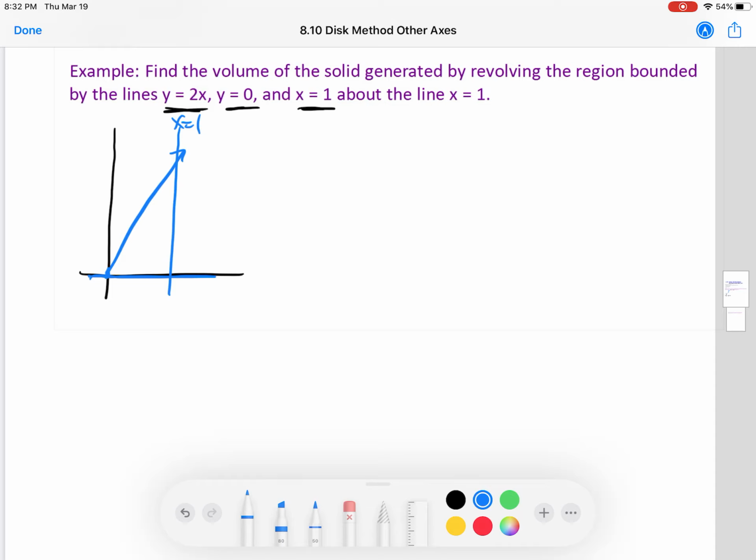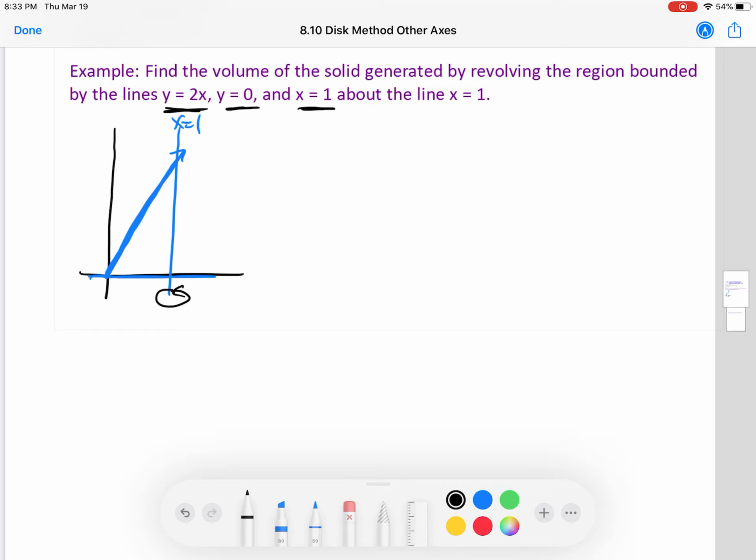Pretending I can draw straight lines, we have this triangle-shaped region that we're going to revolve around that x equals 1 line. If you imagine that triangle spinning, what we're going to end up with as our solid is a cone, just a right circular cone that you know the volume of using formulas from geometry.